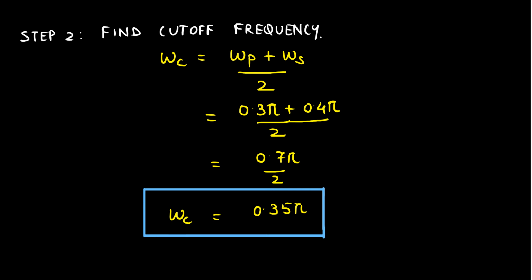So the filter that we need to design has the cutoff frequency as 0.35 pi. Now we have the cutoff frequency and we need to design a FIR filter. So in that case we need to find what kind of window we need to take. So the next step, that is step 3, is to determine the type of window, and this is to be determined using the specifications that we are given.